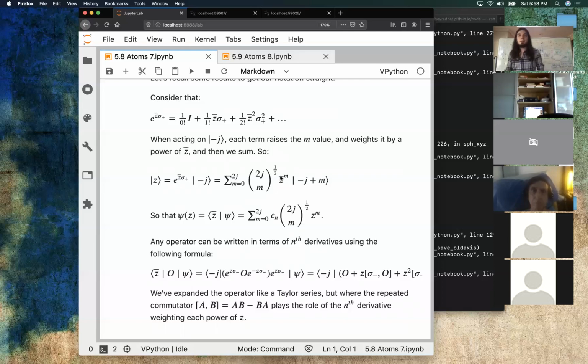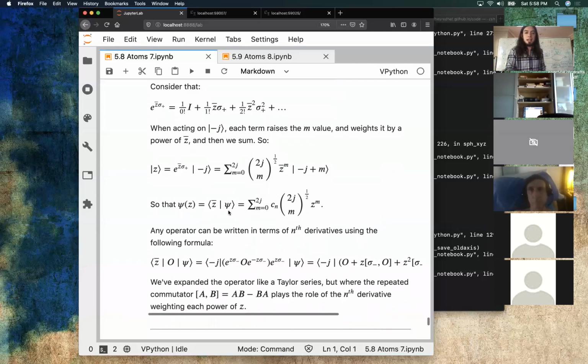I didn't do that before, but we'll see why that makes it nice, because if we then define psi of z to be the inner product of z conjugate and psi, where z conjugate is the spin coherent state, we can rewrite that as this, which is literally the Majorana polynomial from before.